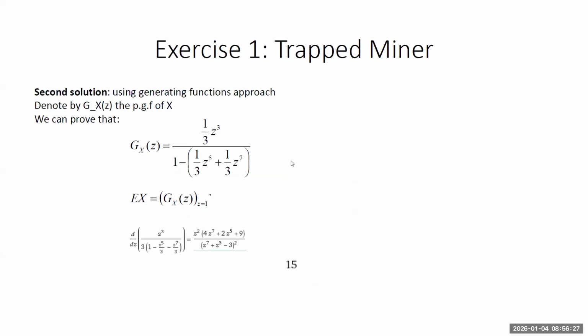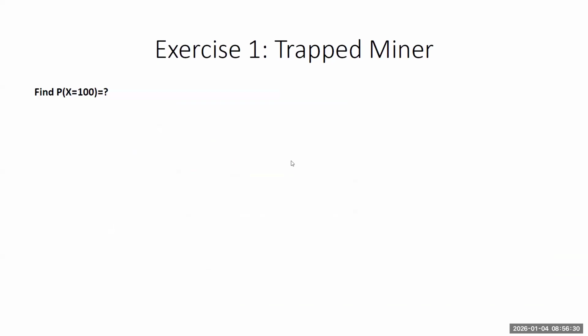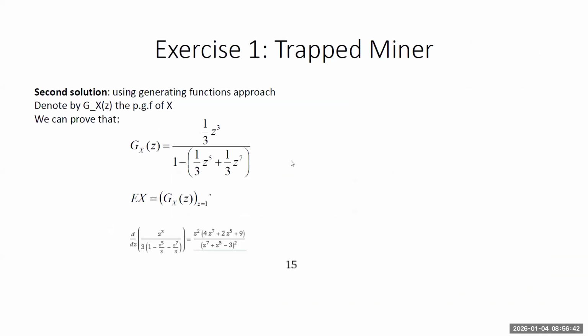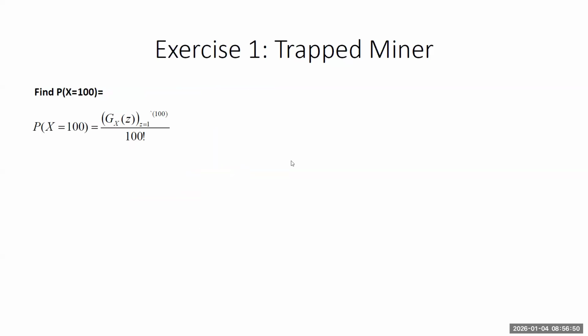Something interesting: how can we find a probability? What I asked you previously, when x equals 100. There are many combinations, yes. But if we found the generating function, we can find the probability that x equals k for any integer k. How?